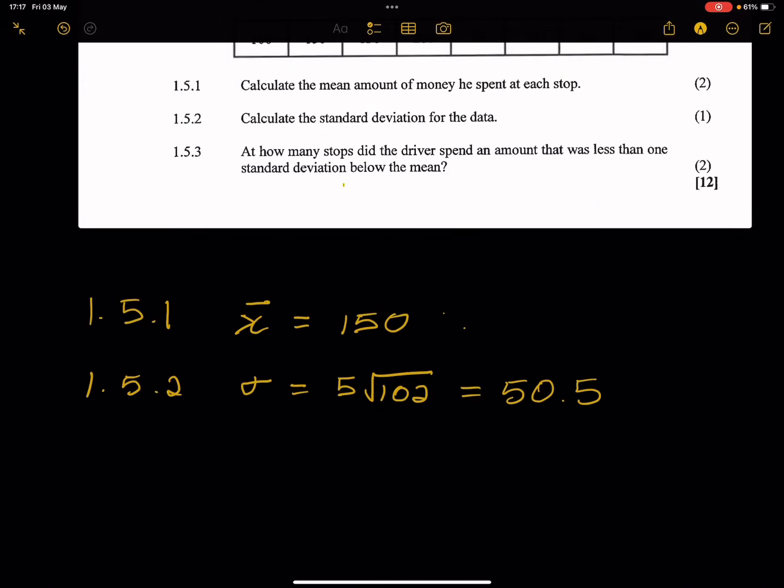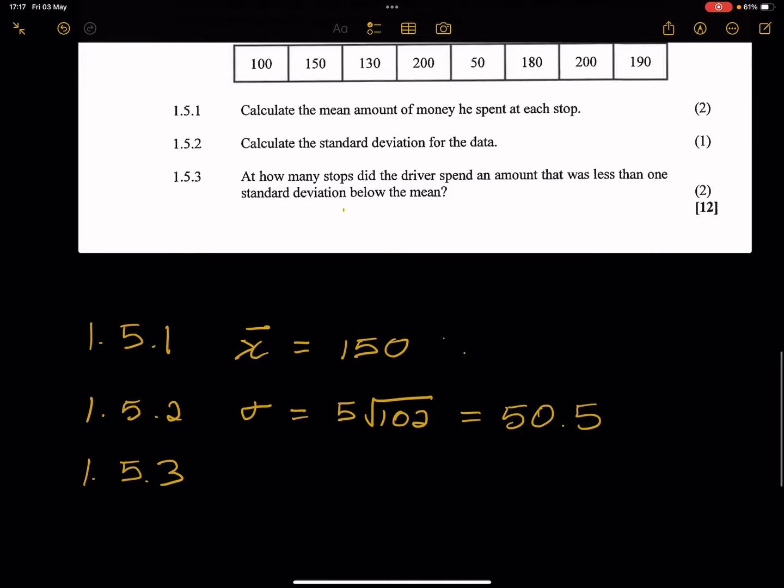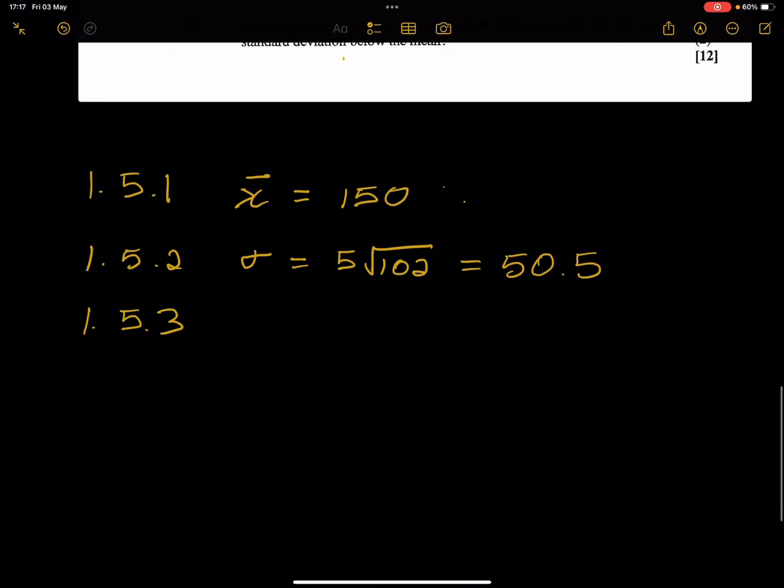So that's 50.5. So the final question, they say to us at how many stops did the driver spend an amount of money that was less than 1 standard deviation below the mean. Now remember, 1 standard deviation below the mean simply says I'm going to take x minus the standard deviation.